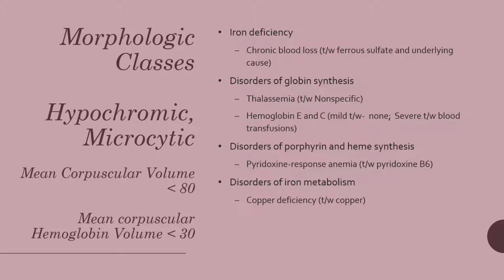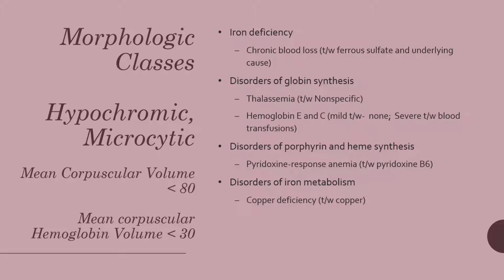There are some fairly rare other disorders that may cause alterations in globin synthesis, thalassemia, and hemoglobin E and C. The treatment for this being sometimes none, and if it is severe, we'll treat with blood transfusions.